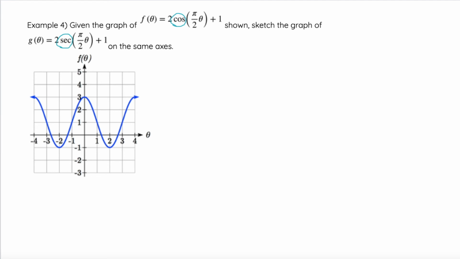I do know that wherever we cross here within cosine, that is where we're going to have a vertical asymptote, because it's undefined at those locations. And I do know that the graph of secant is just going the opposite.